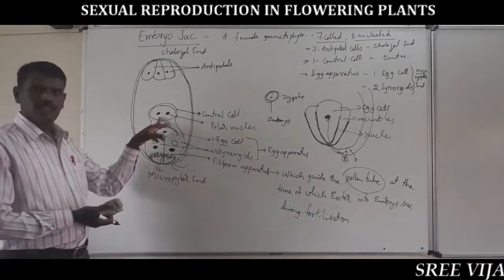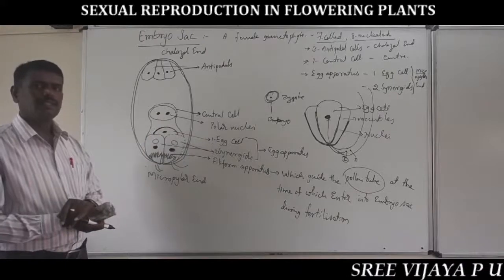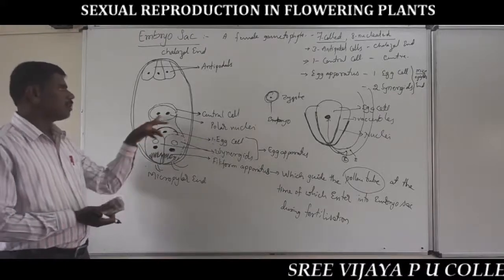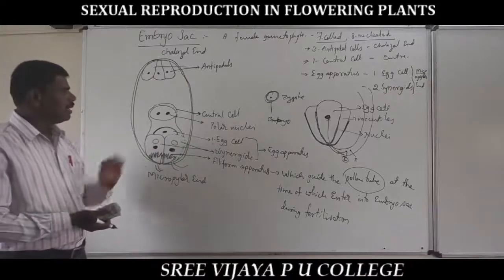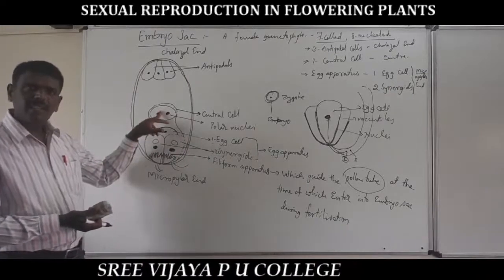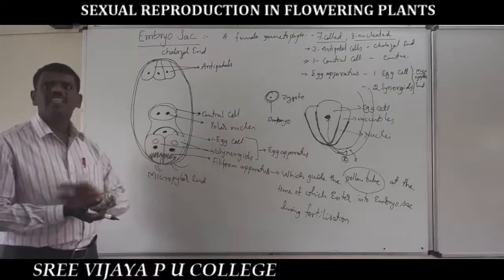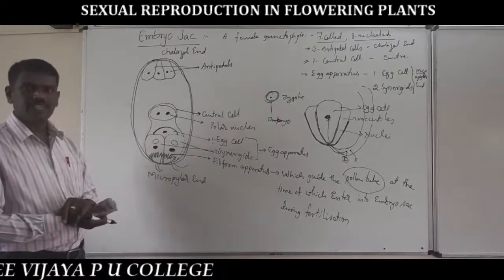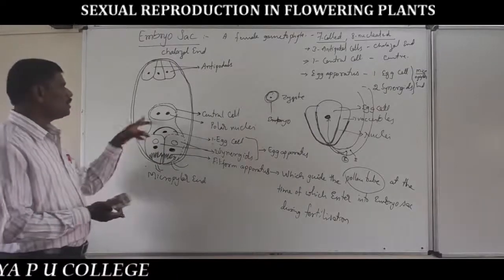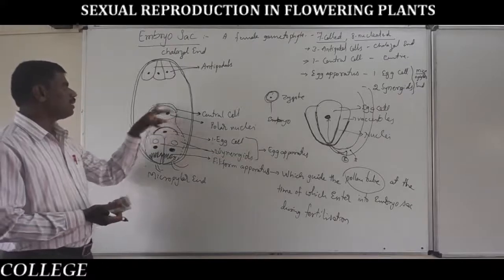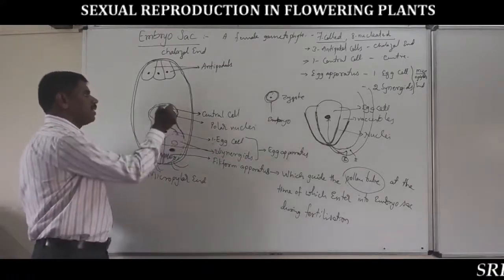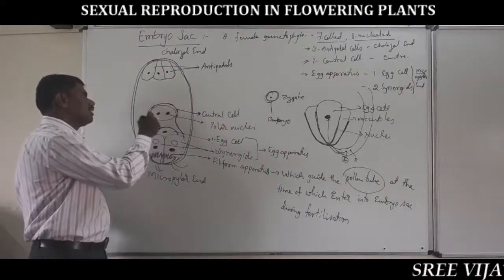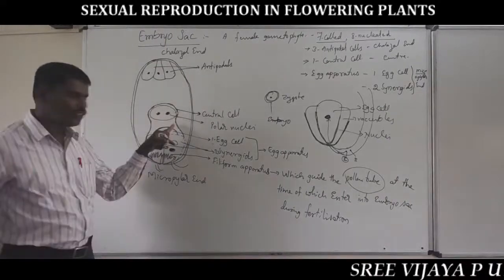So two polar nuclei are present in the central cell. The central cell, the synergids and the egg cell, that is the egg apparatus, are covered by a common membrane, enclosed.